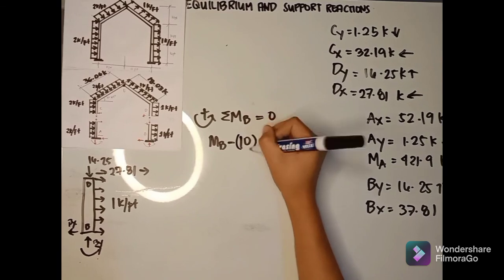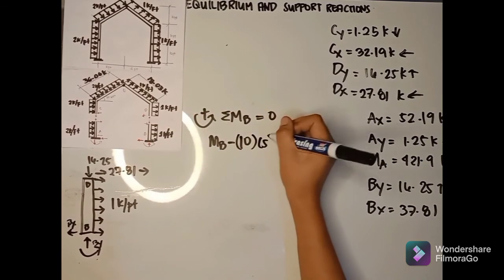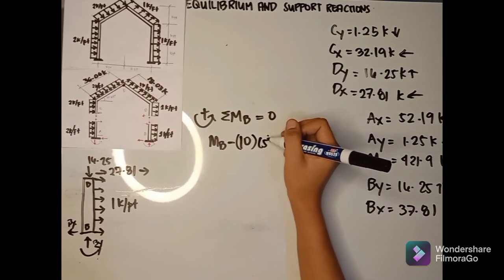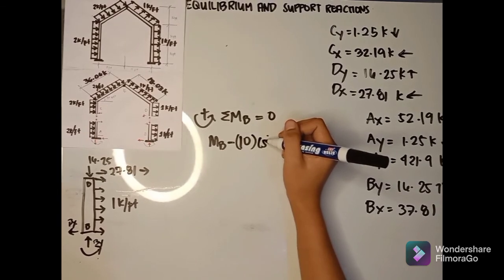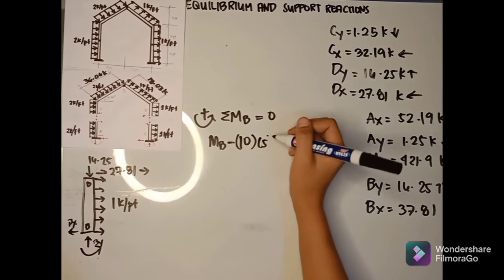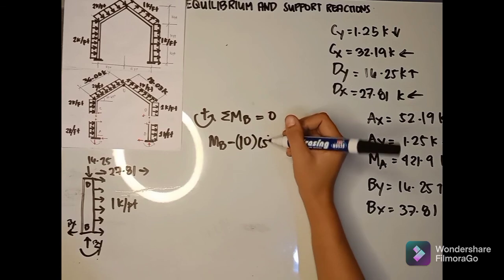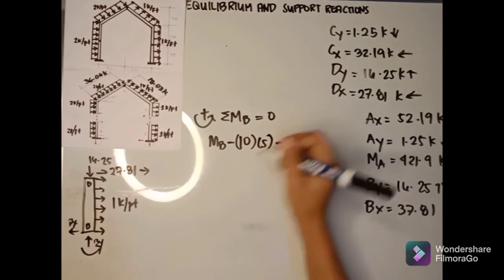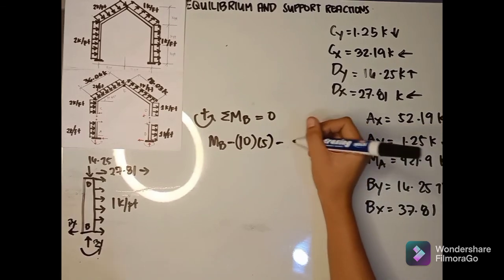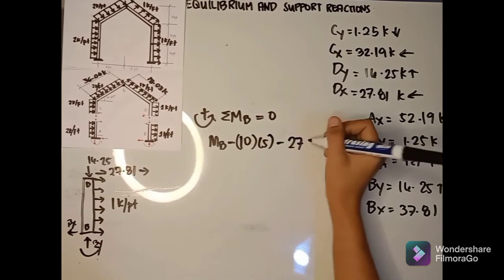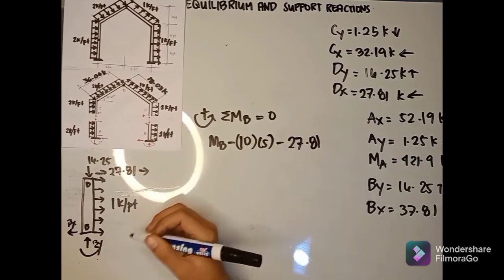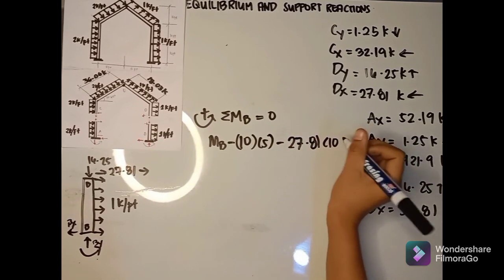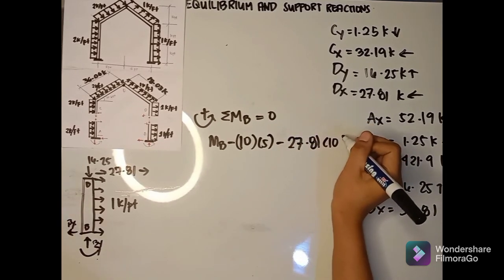Then times 5, the moment arm, minus 27.81, and 10 feet na moment arm.